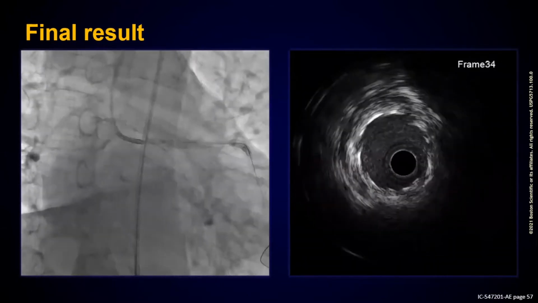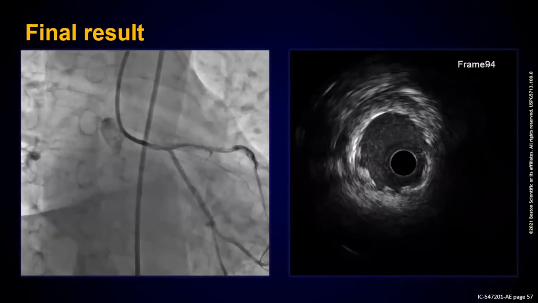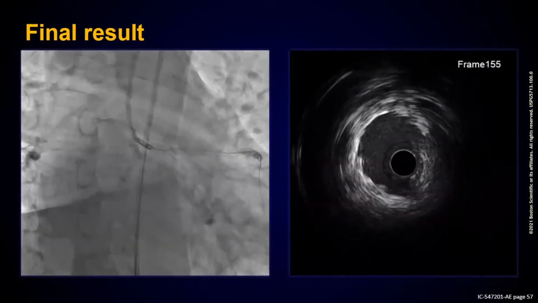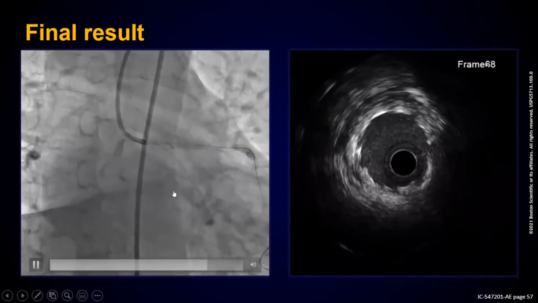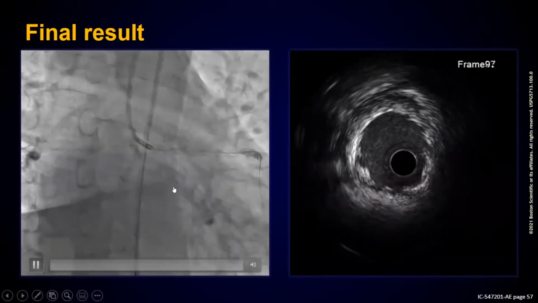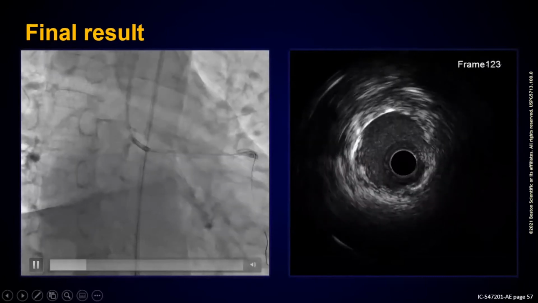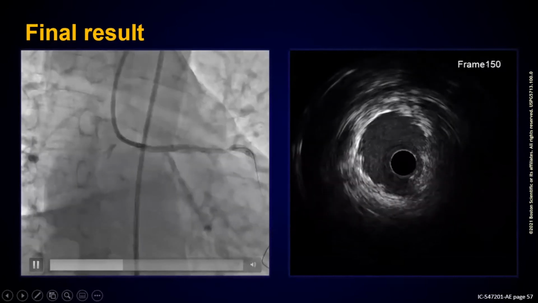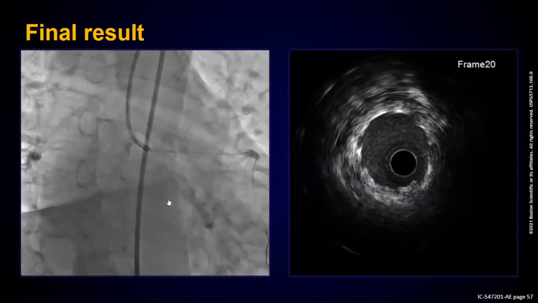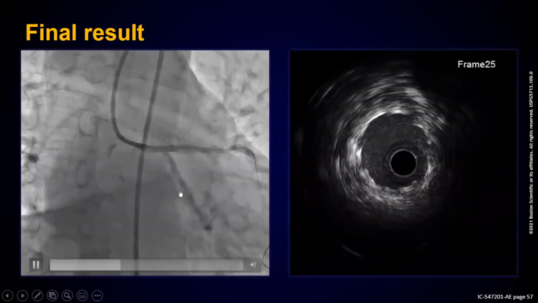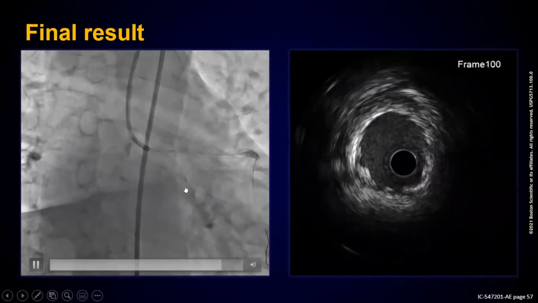But you also want to maximize the area within the left main stem. We have some data from the EXCEL trial, which tells us that if you achieve areas of around 11 millimeters squared in your left main stem, then your restenosis rate is going to be very, very low indeed.